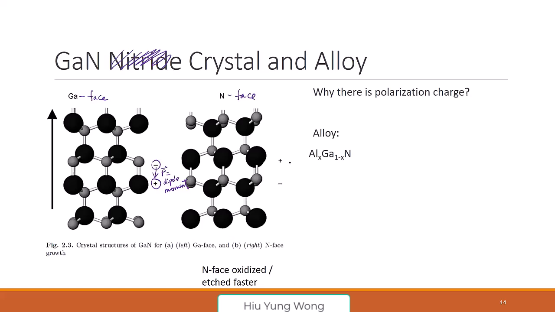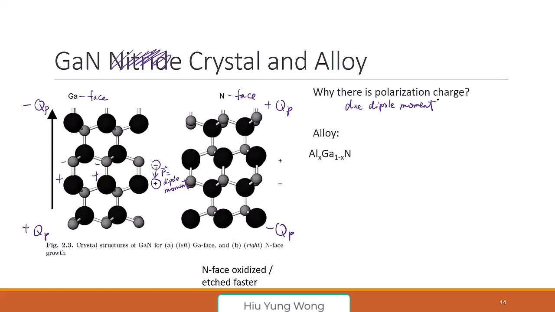Because each of these has negative and positive, effectively I have a negative Q here, polarization charge, positive Q here. For the nitrogen phase, I have positive Q here, negative Q here, right? So there's polarization charge due to dipole moment.